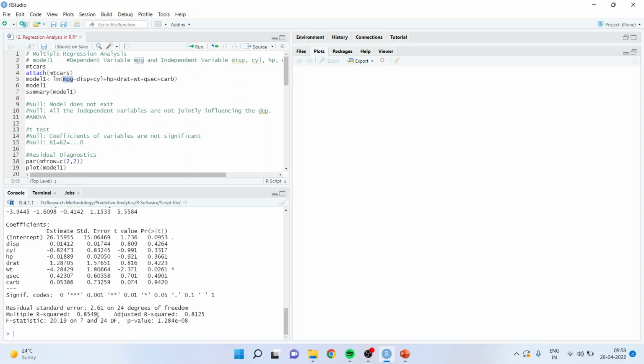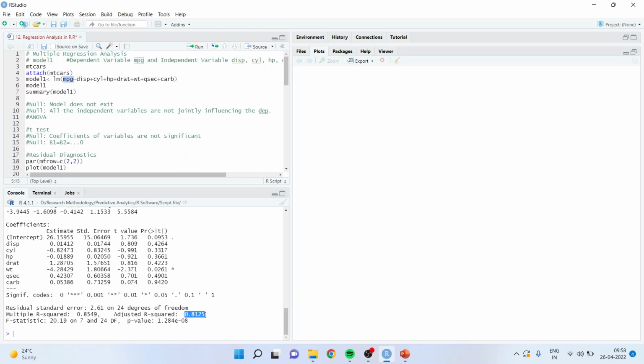But there is something we have to understand: there should not be a significant difference between multiple R-square and adjusted R-square. Adjusted R-square gives me the corrected figure, since insignificant variables are still in the model, and after removing them, what R-square am I getting.